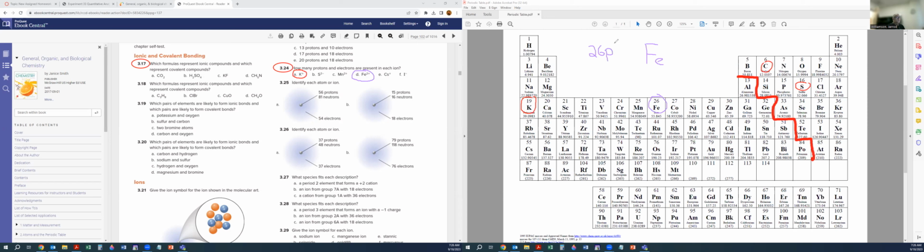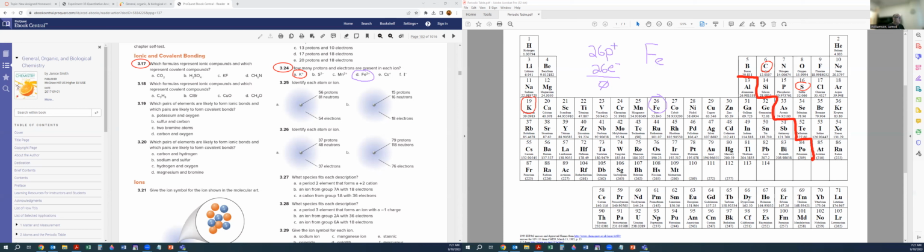Iron is the atom that has 26 protons. And if it's neutral, that means it has 26 electrons and it has a 0 charge. I'm putting a line through it so we know I'm not writing oxygen, it's a 0.